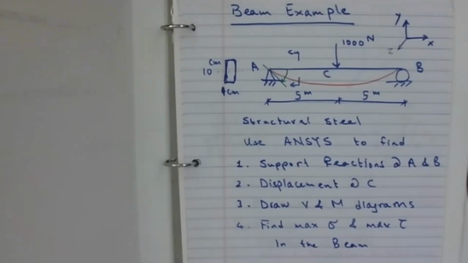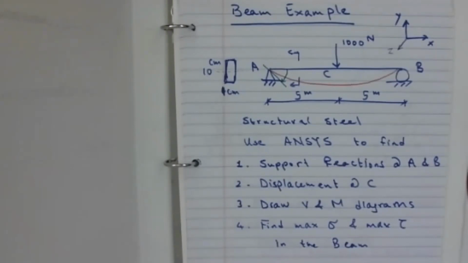Here comes Mechanical. And here comes my beam. So we are working in 3D in X, Y, and Z. My beam is oriented along the X axis and loaded with a force applied in the Y direction.